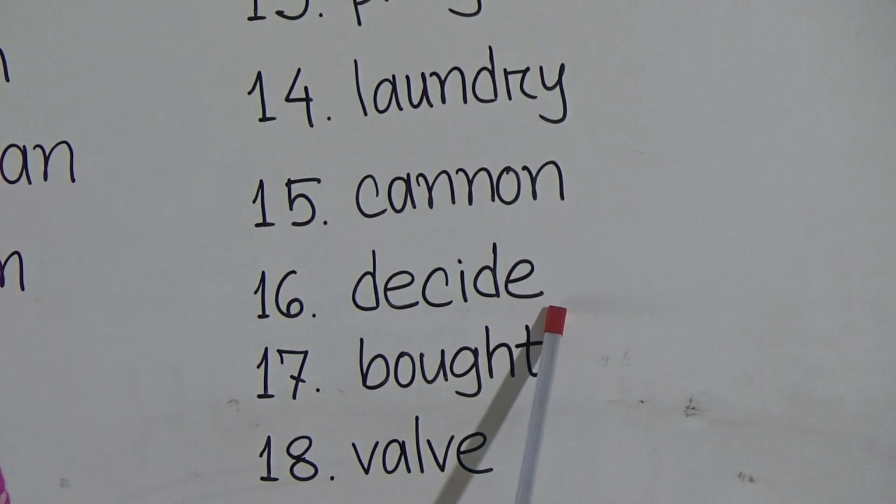D-E-C-I-D-E. Decide. Number 17, bought. B-O-U-G-H-T. Bought. Last, number 18, valve. V-A-L-V-E. Valve.